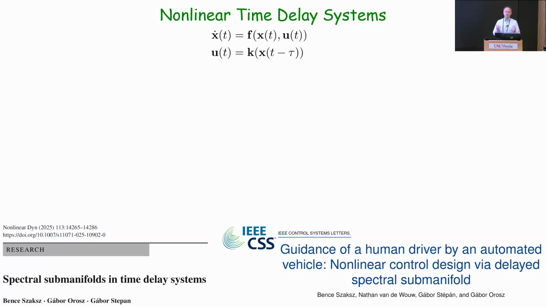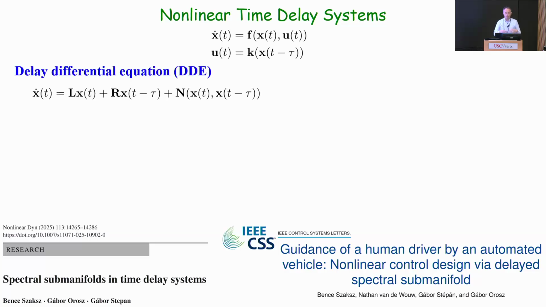So if someone gives me a controller, I can start to look at the closed loop dynamics. I already started to use the terminology you have seen in the previous talks: I separated the linear part and the nonlinear part of the system.